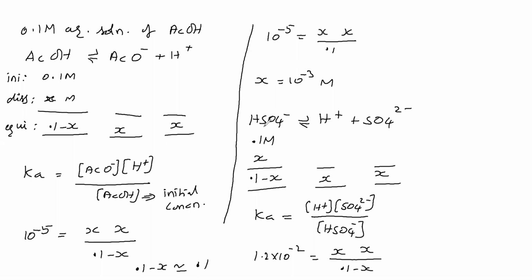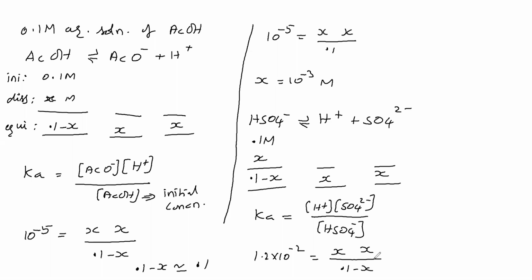Otherwise, it is complete dissociation. More than that, is it possible? No. Therefore, x can be equal to 0.1, one possibility, or x can be less than 0.1, another possibility. x cannot be greater than 0.1. Isn't it? Okay. Now we have substituted the equilibrium concentration of bisulfate as 0.1 minus x.